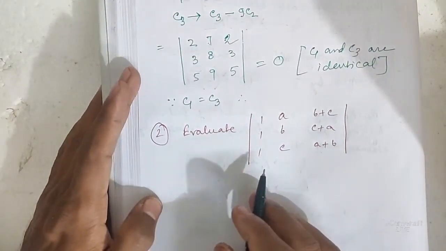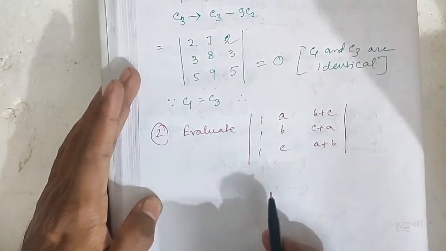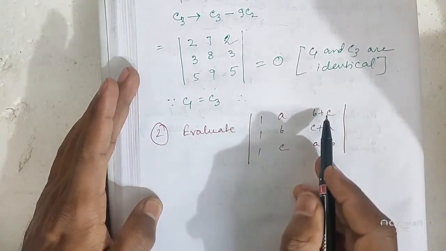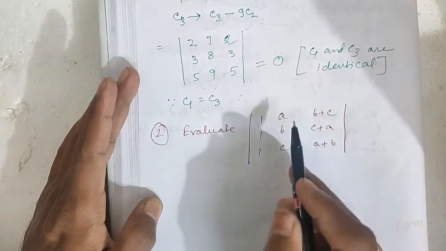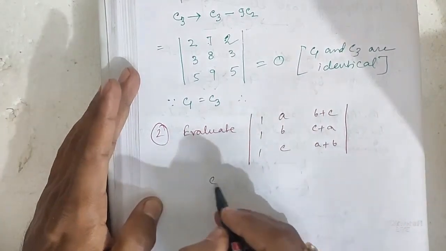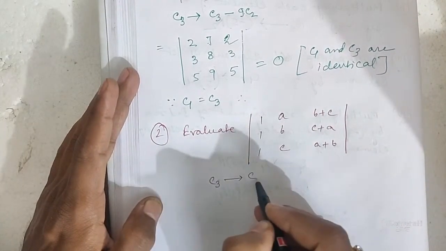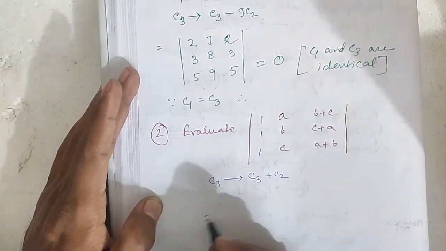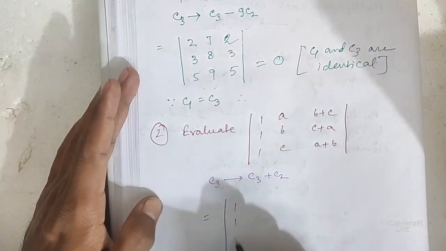Now how to do this? Here if you apply C3, we are changing it like C3 plus C2. C3 I am changing. How to change C3? C3 plus C2. So what will you get?